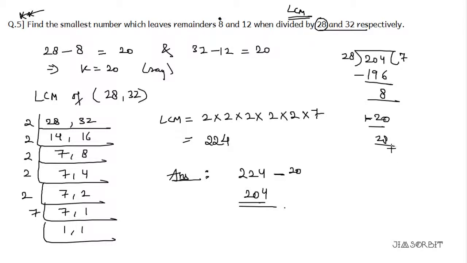But what happened is that it is lacking 20. So if it is 20 less, then it will work. And how can you get 20? 28 minus 8, that is, we are subtracting. Same is for 32. If you do 32 also, you will notice that 32 is 6 times.